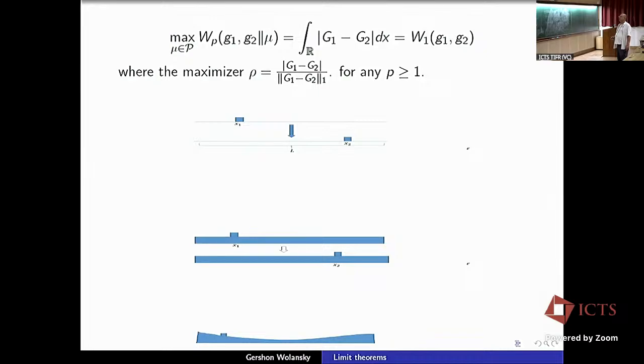So this will be the optimal mu, which has to communicate between x1 and x2. If this is not uniform, then it costs more, but still of order epsilon. If this is not a uniform distribution between them, and we want to push this one to something which has a bump here, this will be bigger than the W1 distance between these two, but still of the same order, order 1 in this case.